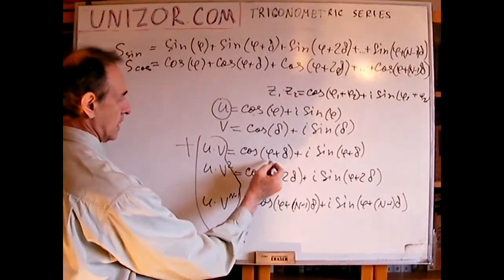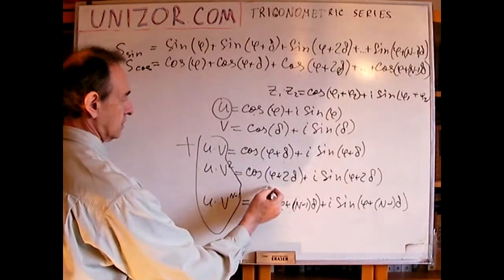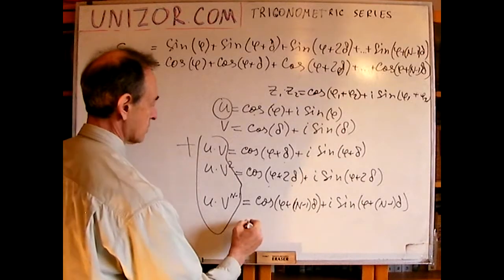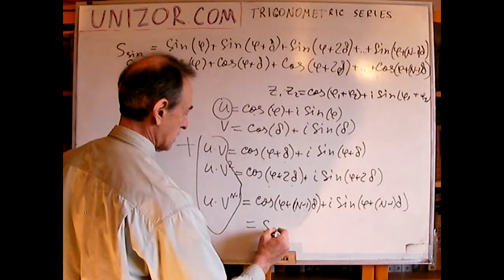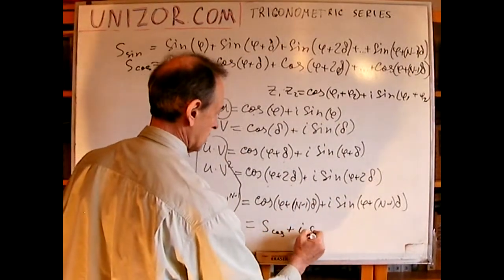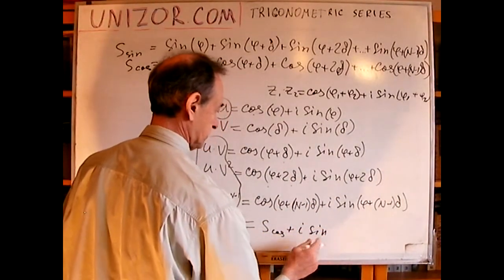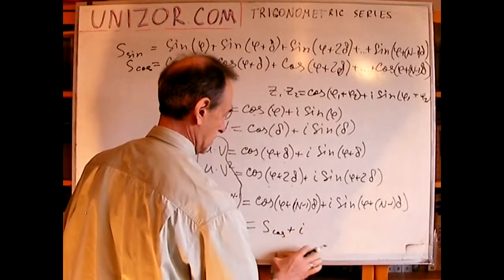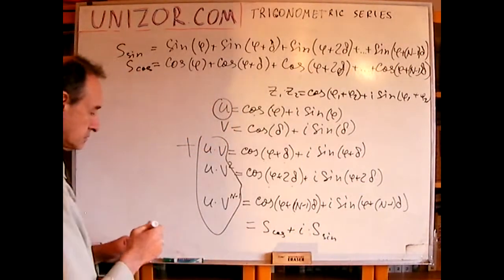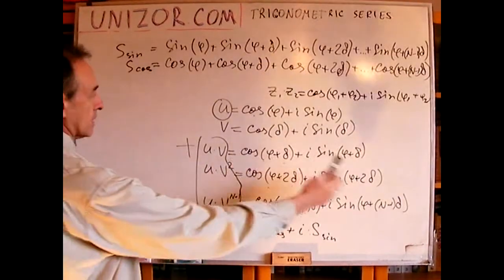Cosine of phi, phi plus delta, phi plus 2 delta, etc., phi plus (n minus 1) delta. So this would be S cosine plus i S sine. Well, that's what I will have on the right side.